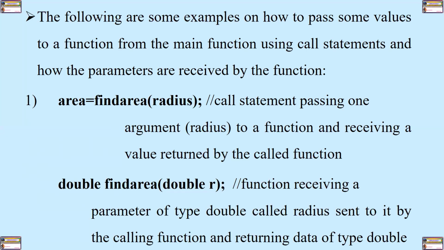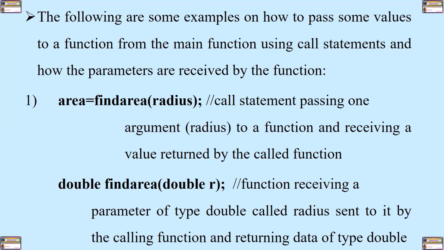After the find area function is done, it returns a value to the caller. And in this case, this function is going to return a value of type double. So, these two examples are clear illustrations of how to pass values.